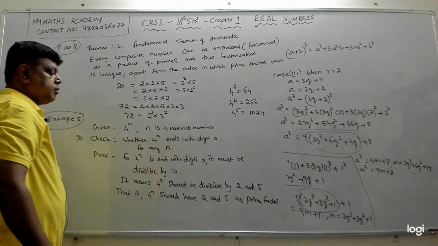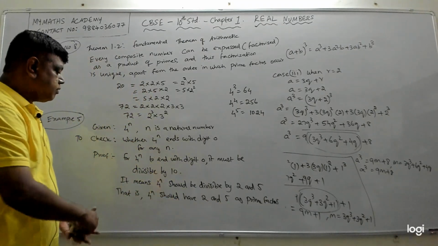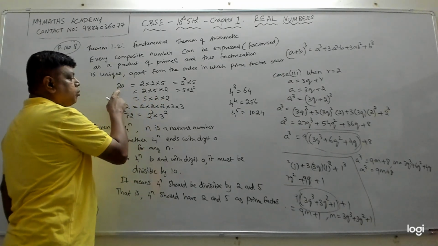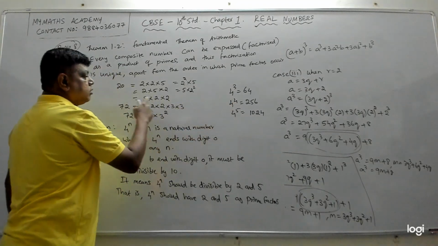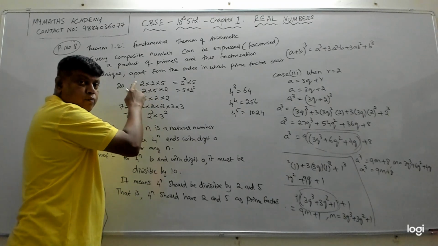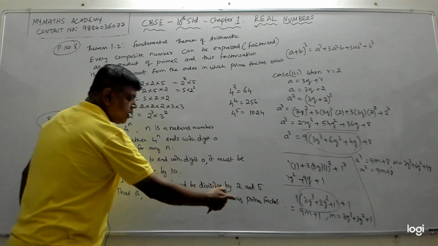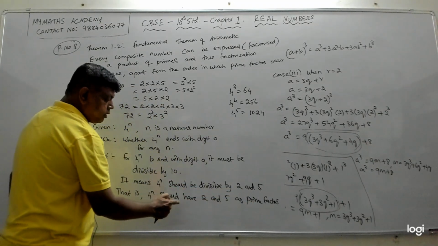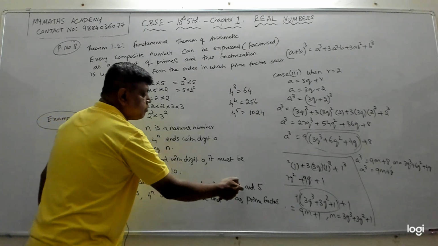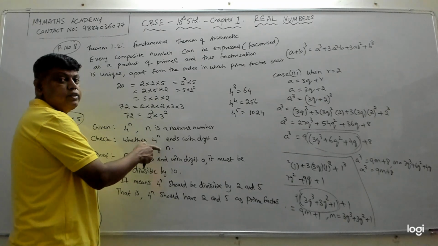When I write 4 power n in this way, it should have 2 and 5. Suppose 4 power 4, 256 should be written in some way, and that should have 2 and 5. Only then it will be divisible by 2 and 5, if it has those prime factors. Then only 4 power n will be divisible by 10, and then only it will end with digit 0.